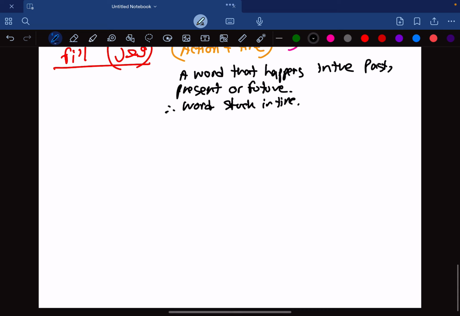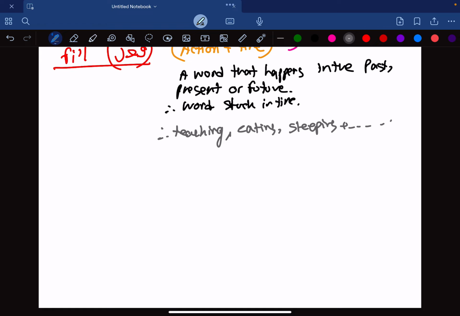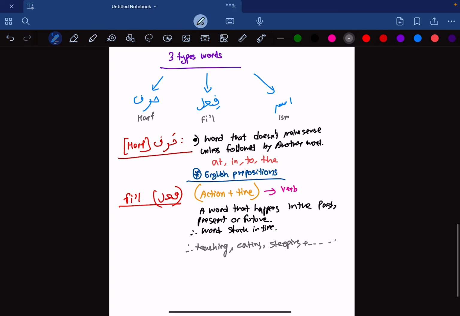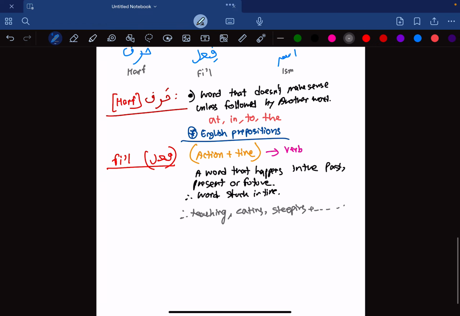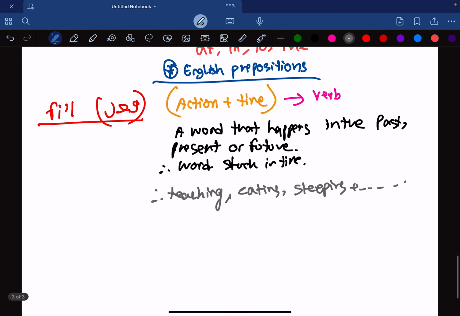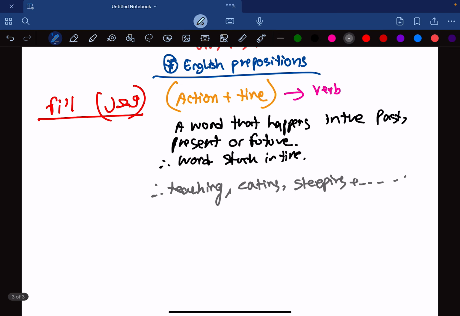Examples. Teaching is a verb. Eating is a verb. Sleeping is a verb. Studying, and so on. You know the gist here. But these are all verbs. These are all fi'ls. Okay, so we get the idea of fi'l.